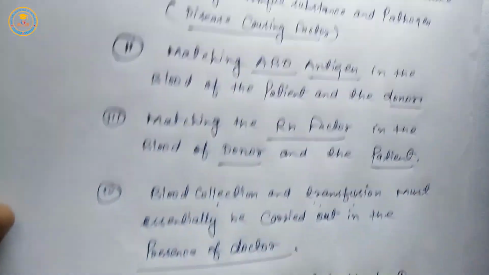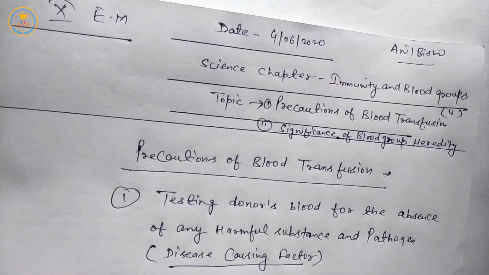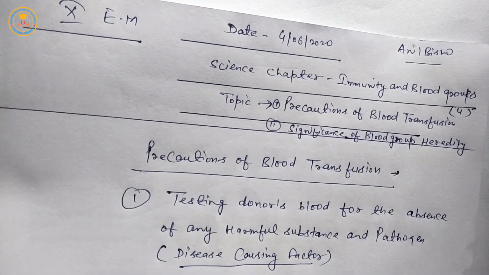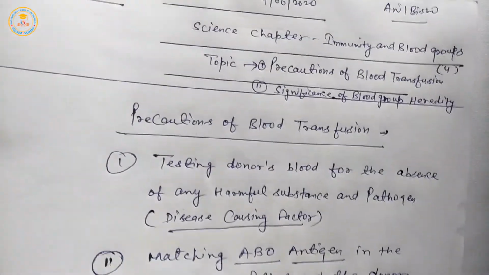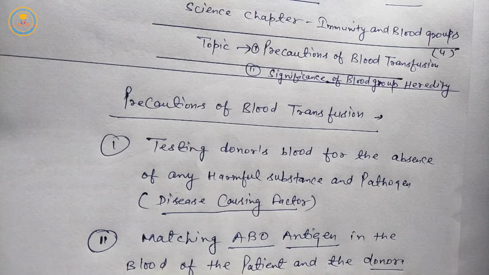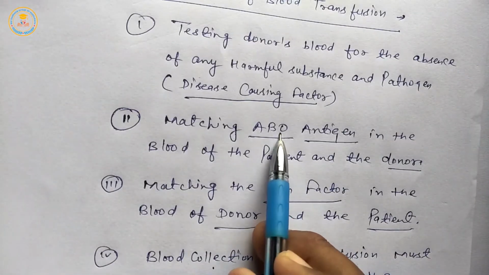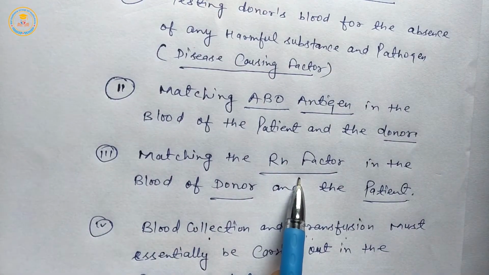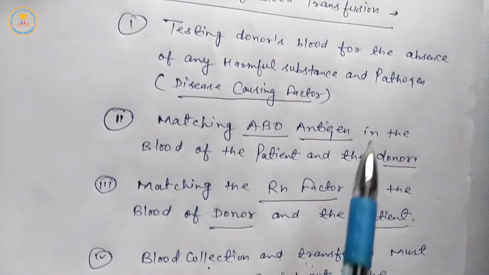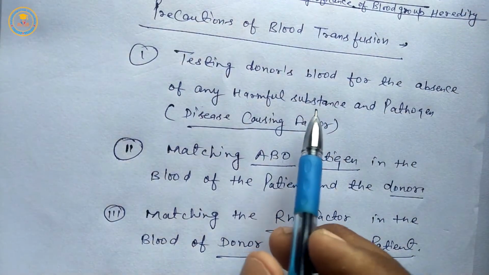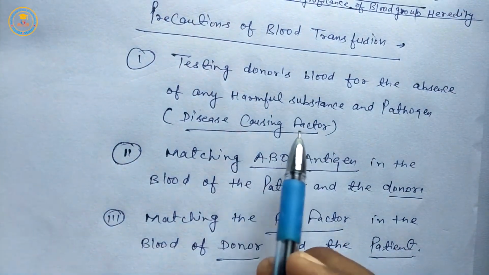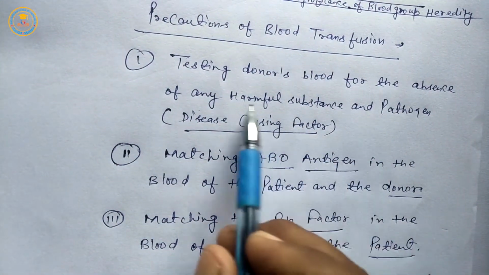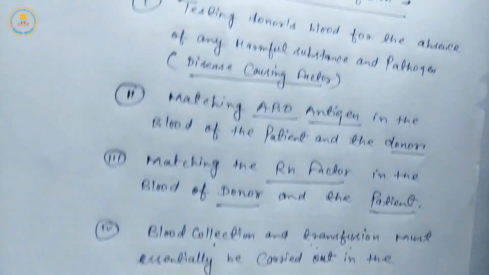So there are some specific precautions of blood transfusions. First of all, matching blood group of patient and donor. Second, matching specific antigen, matching blood group, matching antigen. Next, testing the blood of especially the donor for any harmful substance or pathogen.